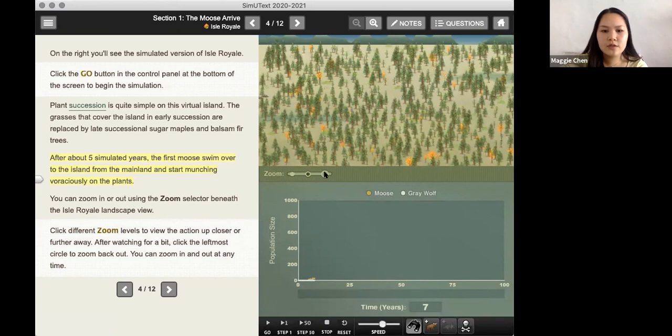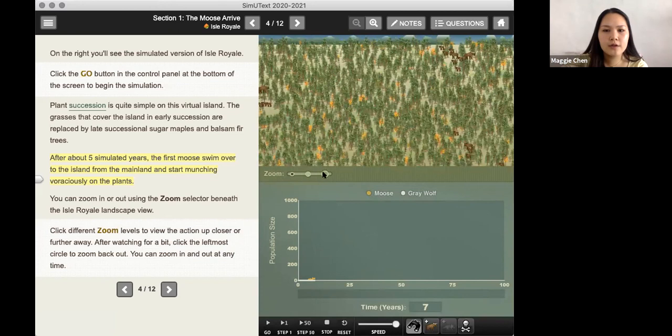We can also change the speed of our growth by this scroll tool at the bottom, where we can drag and click and make the population grow faster or slower. And we can also, at the top corner of our chart, zoom in and out of our study area.